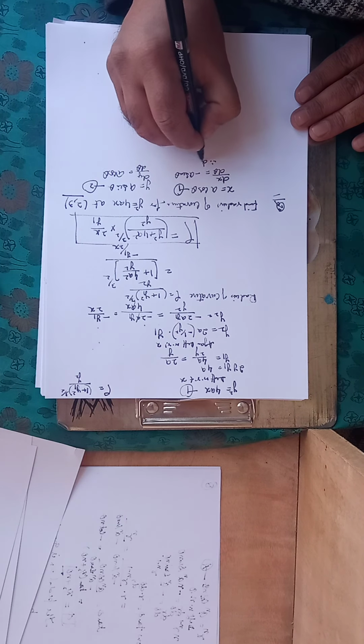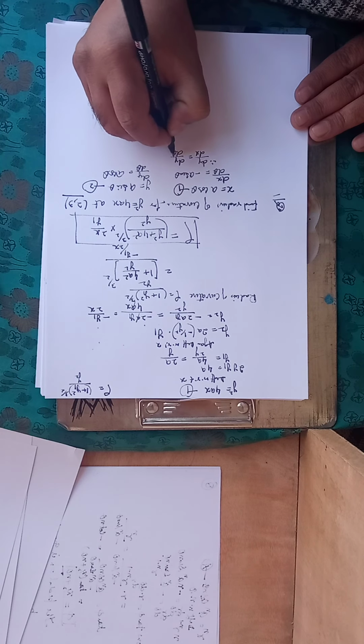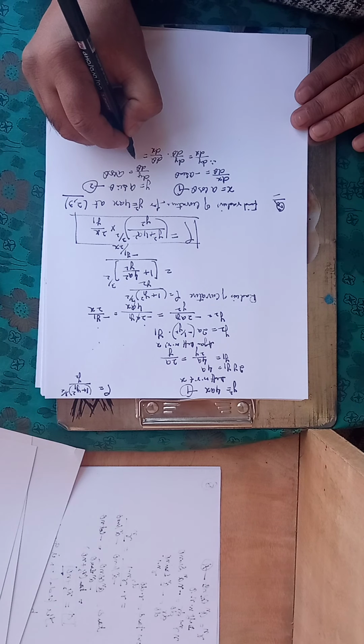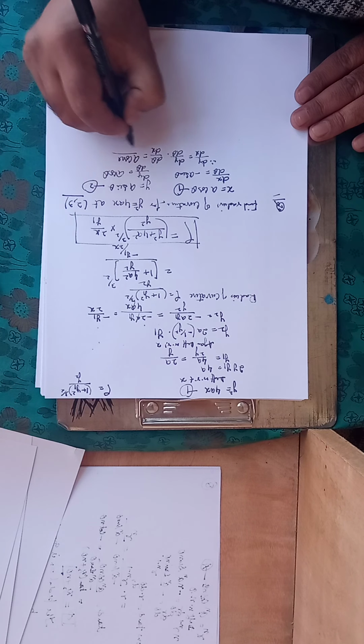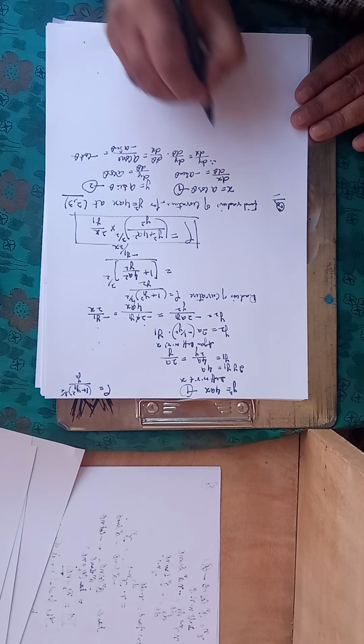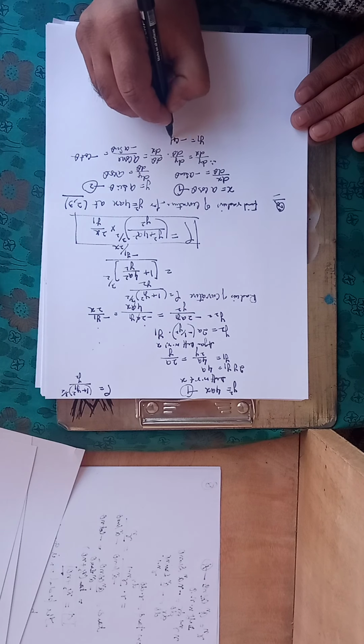Therefore dy by dx is dy by d theta divided by dx by d theta, which is a cos theta over minus a sin theta. It is minus cot theta. This is y1. y1 is minus cot theta.